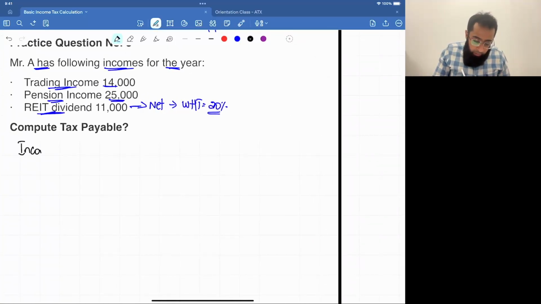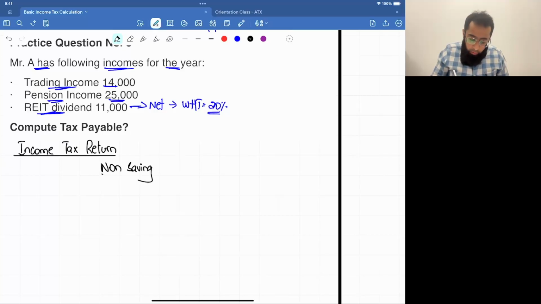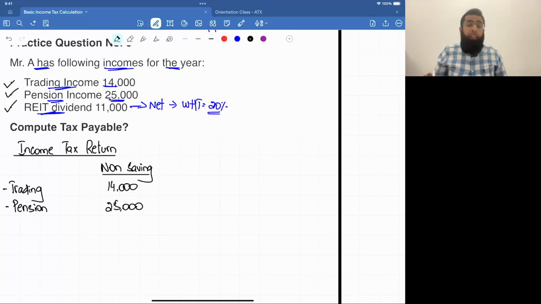We are making the income tax return. It's non-saving income. All three incomes are non-saving. Trading income, how much? 14,000. Pension income, 25,000. And then comes real estate investment trust.